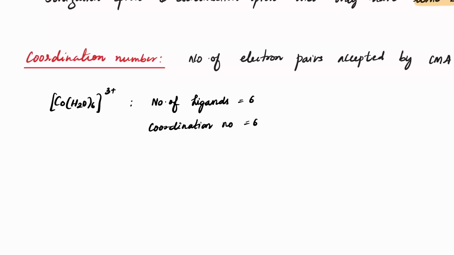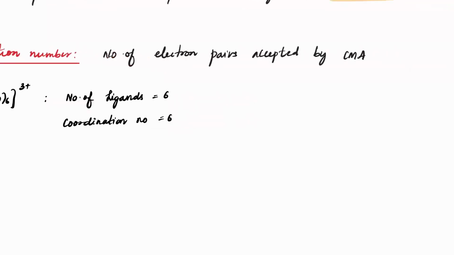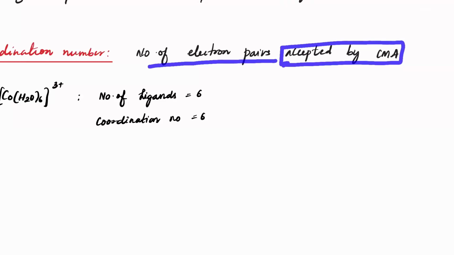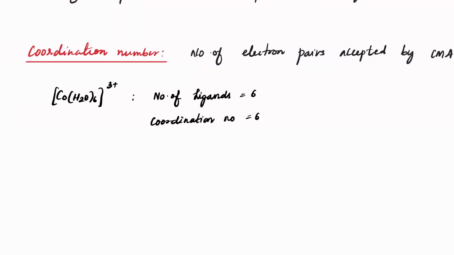Now, what is the difference between these two? Basically, coordination number represents how many electron pairs are accepted by the central metal atom. So here the central metal atom is accepting a total of 6, so that is why the coordination number is 6.